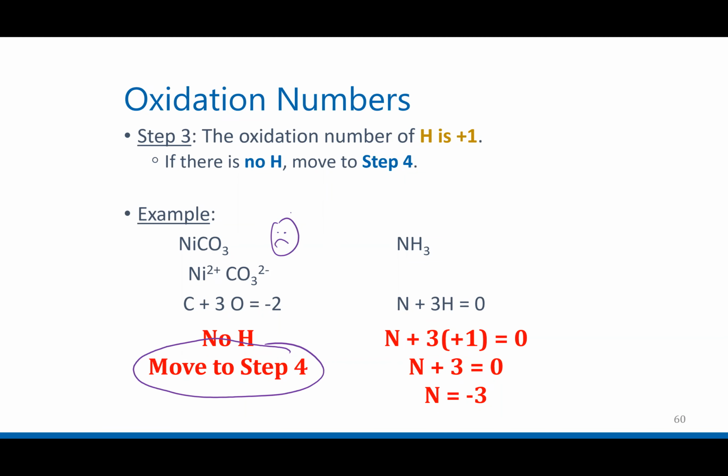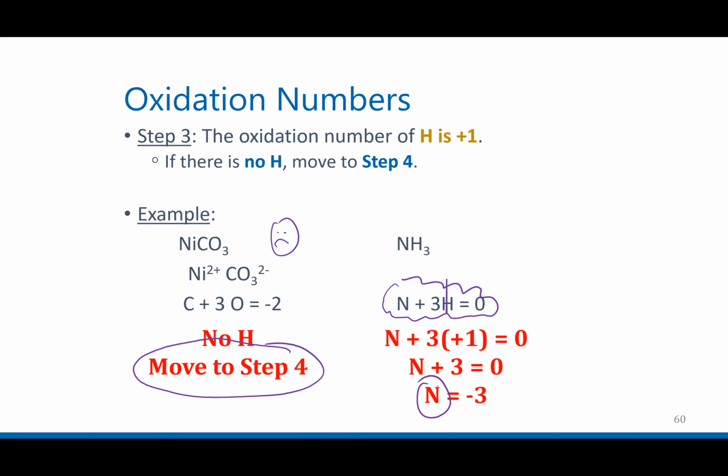This one on the left is a little challenging. Ammonia, however, there is a hydrogen. So I have my little algebraic equation here that I created in step 2. Nitrogen plus 3 hydrogens has no overall charge. So I put in +1 for the hydrogen. So nitrogen plus 3 times 1, or nitrogen plus 3, equals 0.